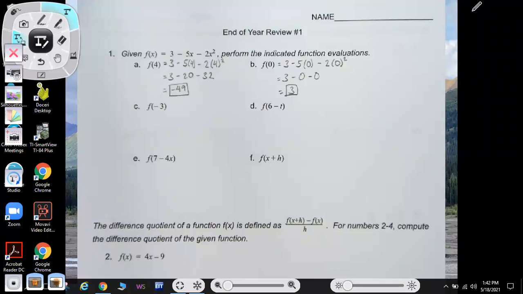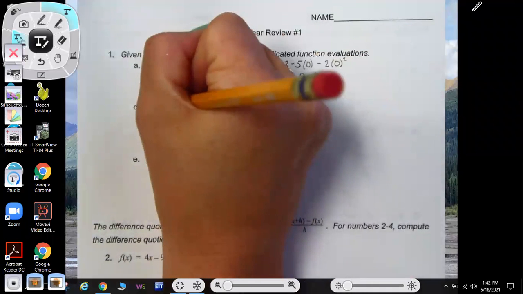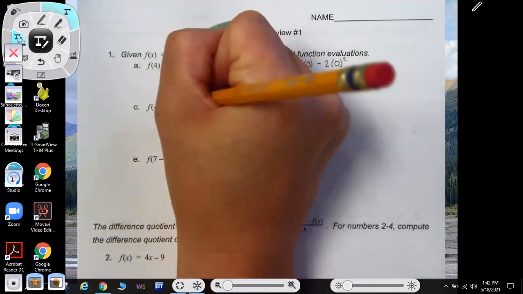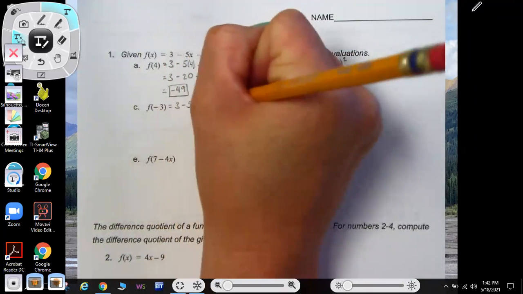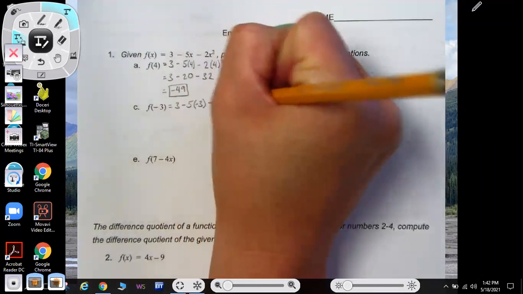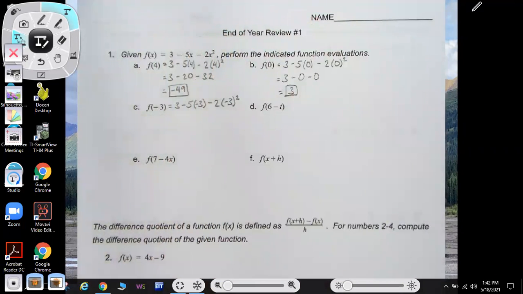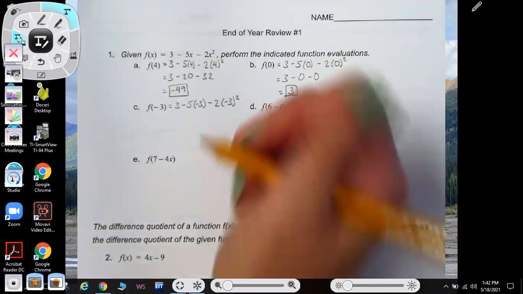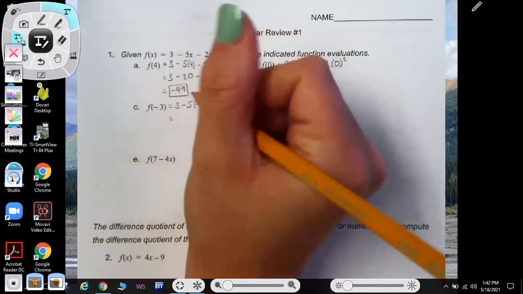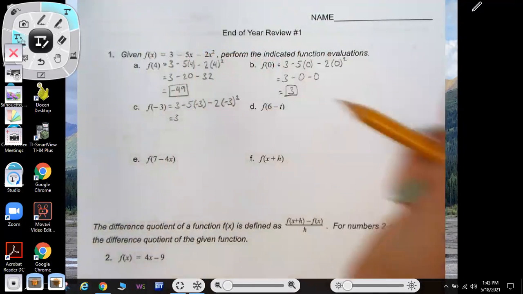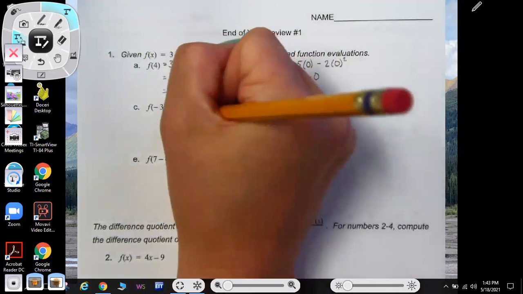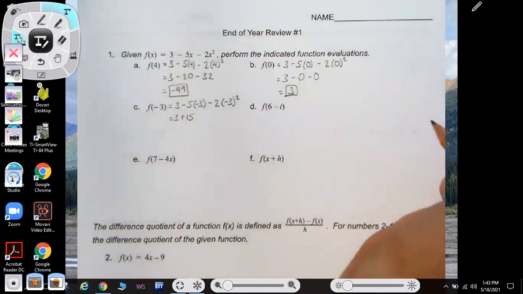Part C, f of negative 3. We're plugging in negative 3 for x. So 3 minus 5 times negative 3 minus 2 times negative 3 squared. So we have 3, negative 5 times negative 3 is positive 15.